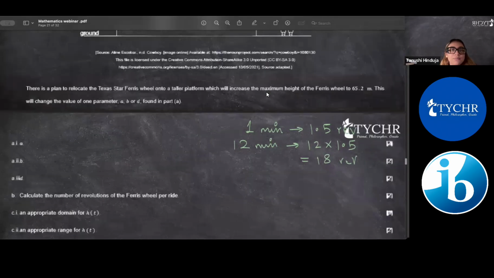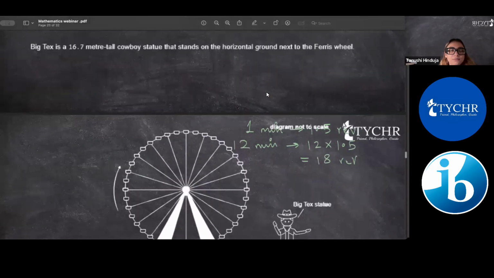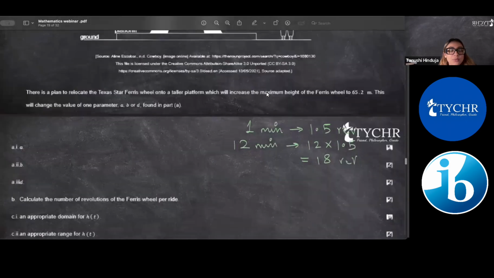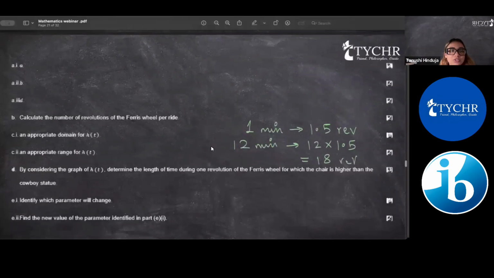Okay. Then for exactly one ride on the Ferris wheel, suggest an appropriate domain for h of t and an appropriate range for h of t. So for one ride, what should be the domain? So basically, one ride is happening for 18 revolutions.